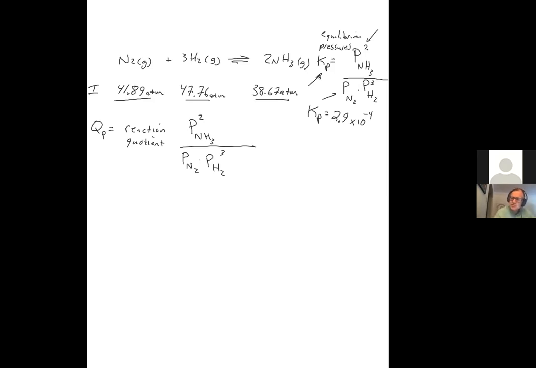Initial concentrations or initial pressures typically are not the same as equilibrium. Okay. So these can be done with initial pressures. Now here's our rule of thumb. If K sub P is equal to Q sub P, then we are at equilibrium.